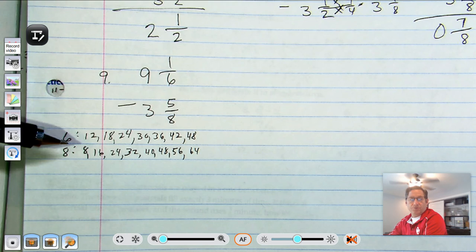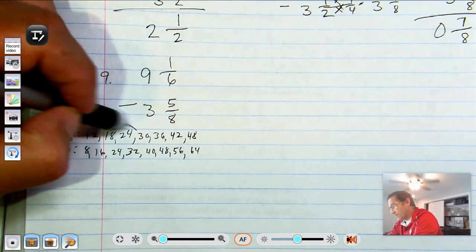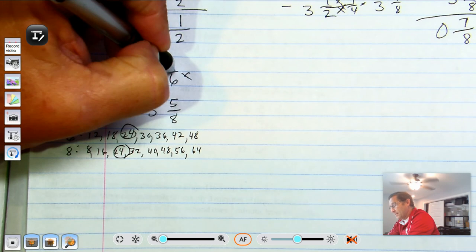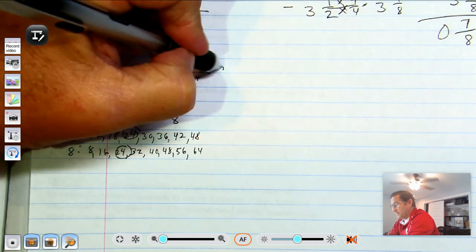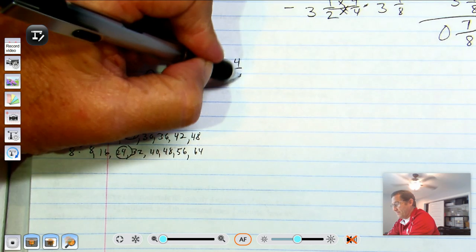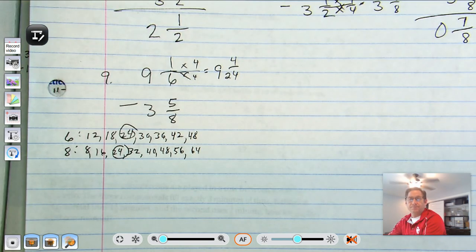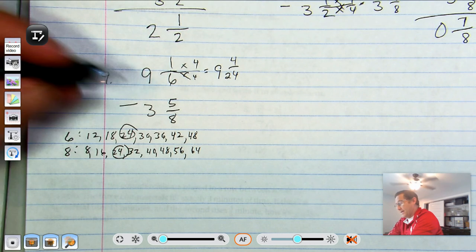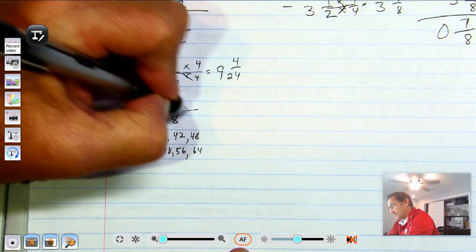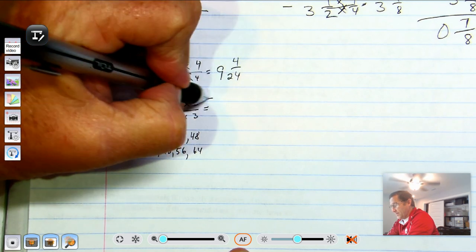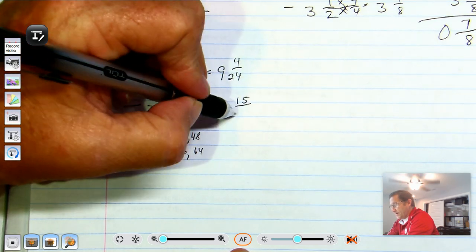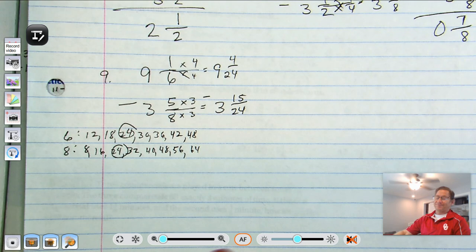I want to choose the least common multiple, so 24. So I'm going to multiply 1/6 by 4/4, and that's going to give me 9 and 4/24. And 5/8 I'm going to multiply by 3/3, and that's going to give me 3 and 15/24.